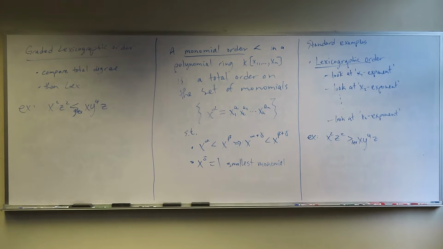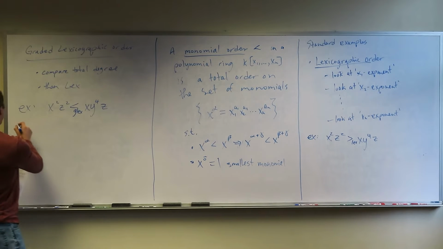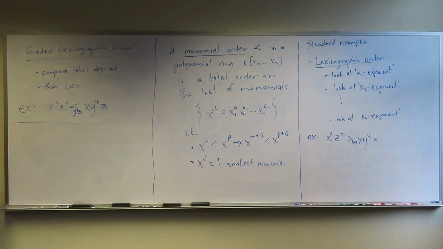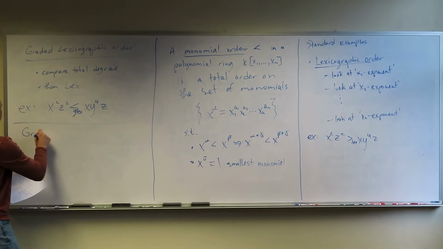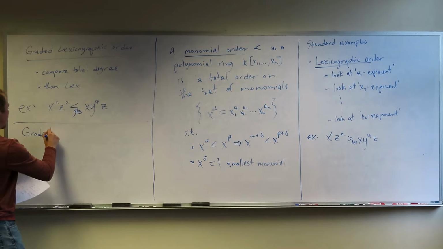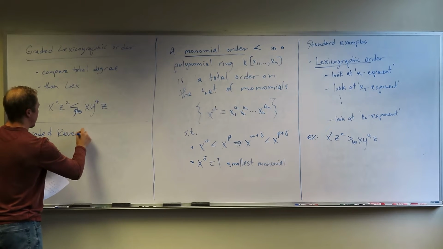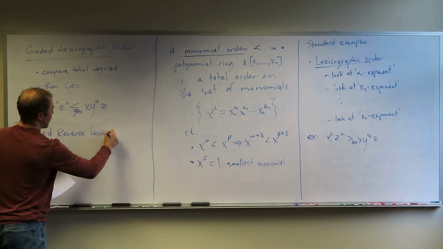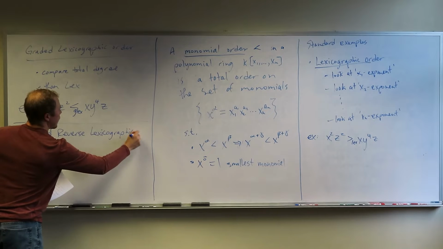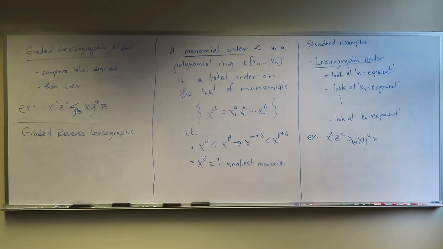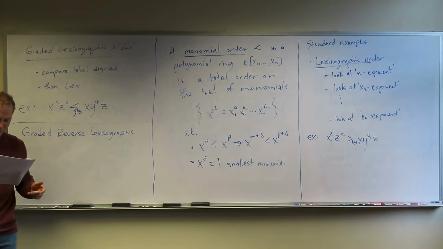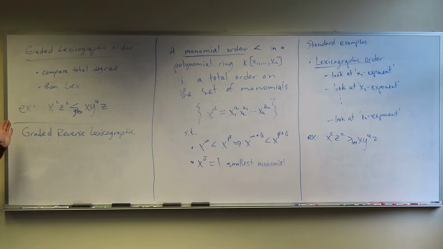Okay. There's one more kind of standard monomial order, and by standard I just mean when it shows up on Wikipedia. So this is graded reverse lexicographic. These also show up in ideals, varieties, and algorithms. Yeah, any time that you are introduced to monomial orders, you're likely to see these three.